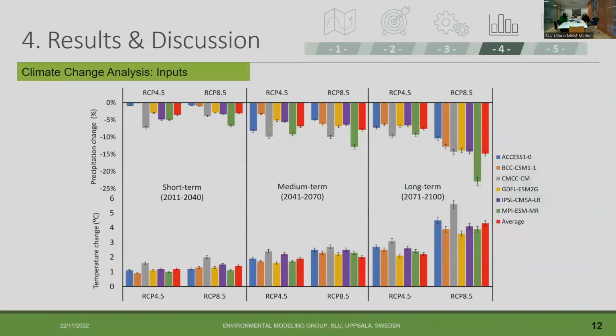So for the climate change, in terms of the inputs, we have a general decline in precipitation from the short term to the medium term and to the long term, compared to the base, for all the 6 models that we used.